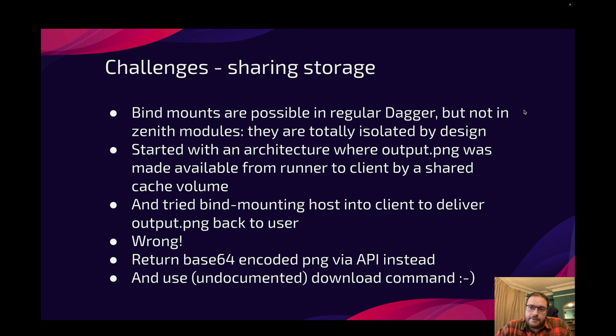In regular Dagger, which I had become used to from the other previous demos, I was able to bind mount things. I could bind mount a folder on the host into the container, and anything that the container wrote into that directory would show up on the host.